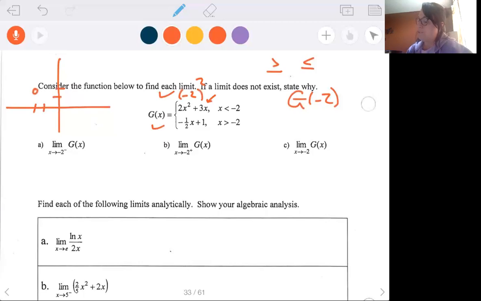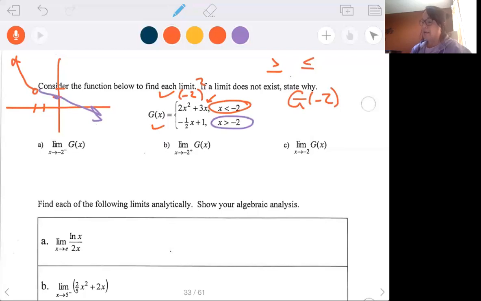That parabola opens up, it goes through 0, 0, so I'm just going to go like this. That's what the graph looks like. Now after that, once I hit -2, I've got a line. It goes through 0, 1, and it goes down 1 over 2, down 1 over 2. It's going like this. So the purple is meeting up with the red parabola at an open dot, at a place where it's undefined.